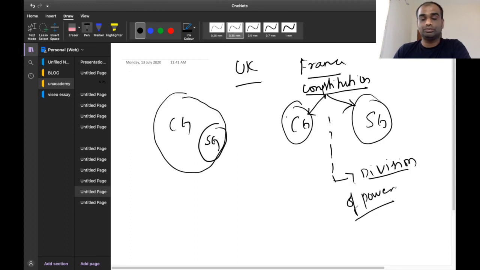Even though the constitution has clearly divided powers between these two organizations, in certain cases disputes will arise between these two federal units. For example, the central government in 2008 introduced the NIA, a body called the National Investigative Agency.